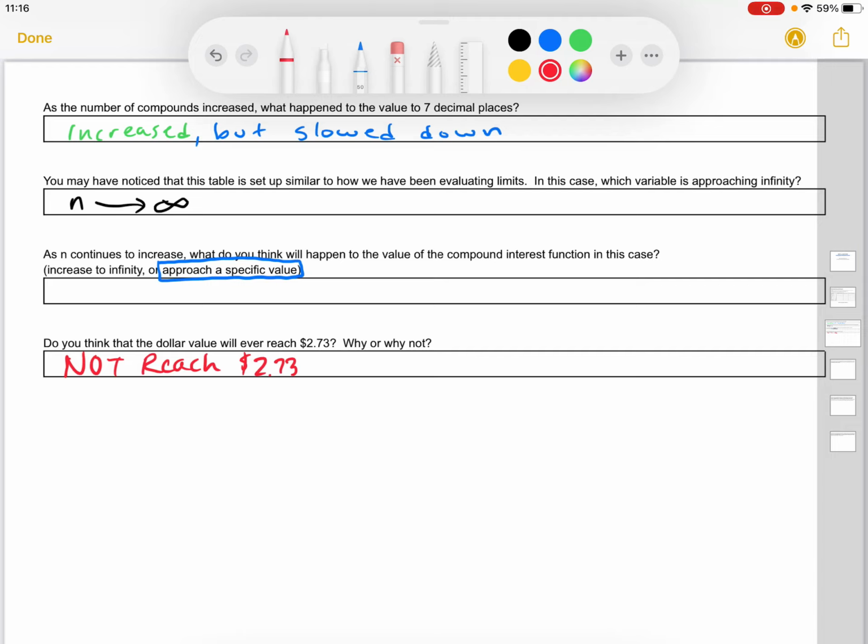Okay, so I want to quickly talk about these last 3 problems here, kind of combining these into what this is really saying.